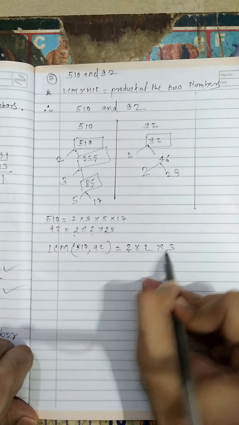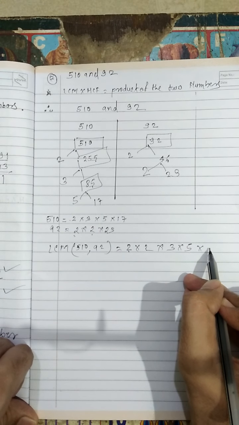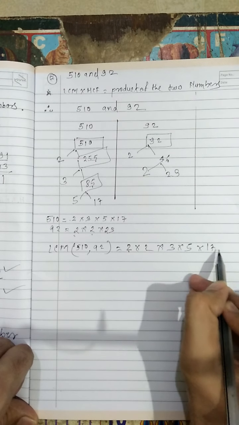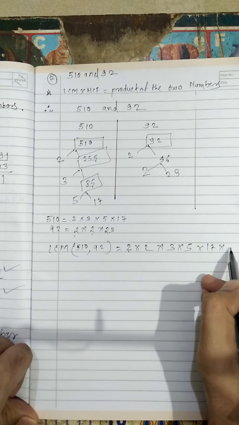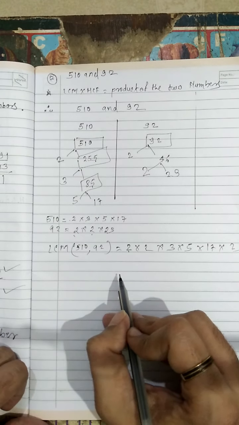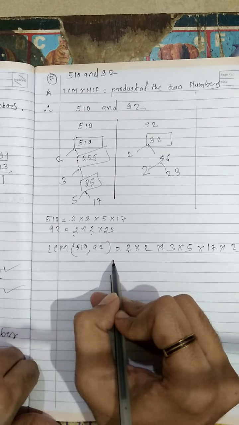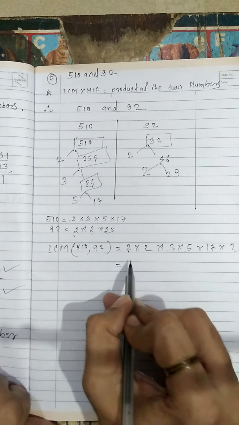Then 3, then 5, then 17. All the numbers you write down, 23. Got it?